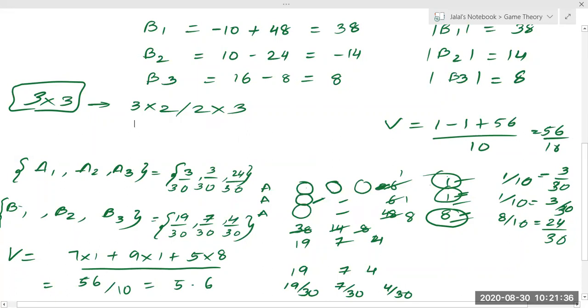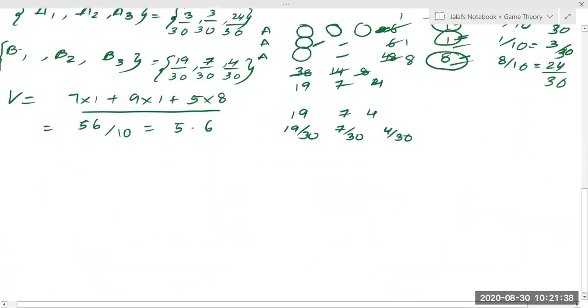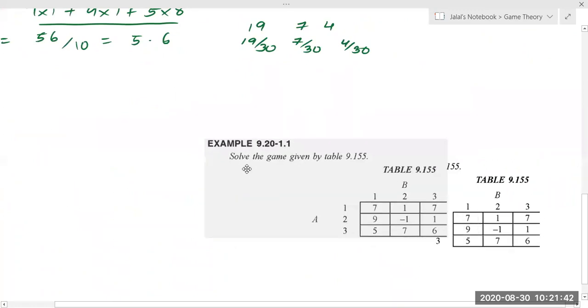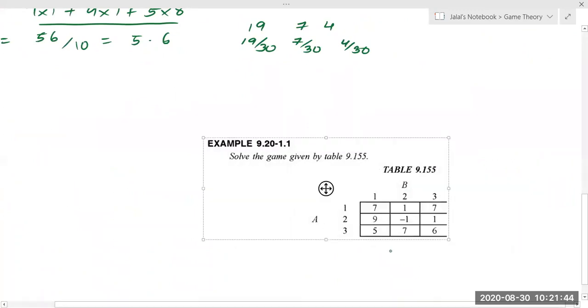Okay. There is one more method. You can even go column wise. How can you go column wise? See, this was 19. If you remember, this was 7 and this was 4. Now, you can even go row wise. Any row you can select. 7 into 19.